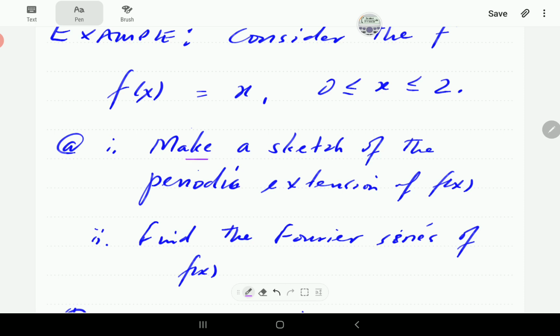In the first instance, in part A, we're going to make a sketch of the periodic extension of the function, and then we're going to find the Fourier series which defines this extension.